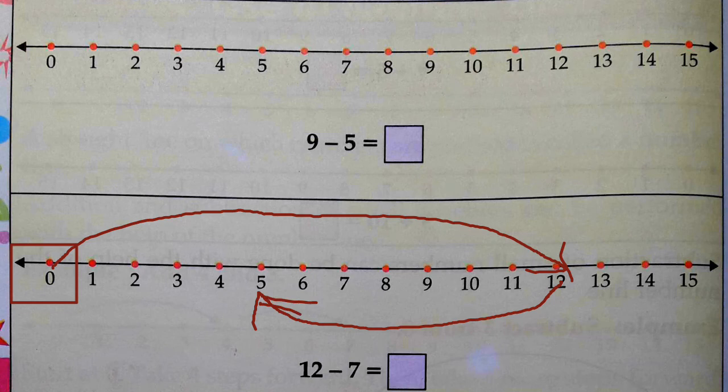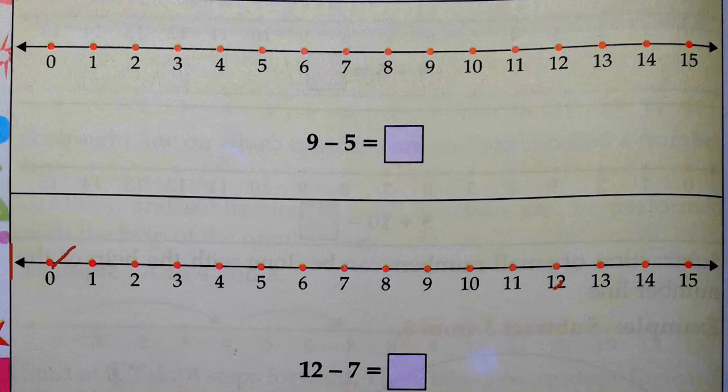From 12, 7 backward steps means where we will reach? We will reach at 5. So the answer is 5. You see the picture clearly. 12 minus 7 equal to 5.